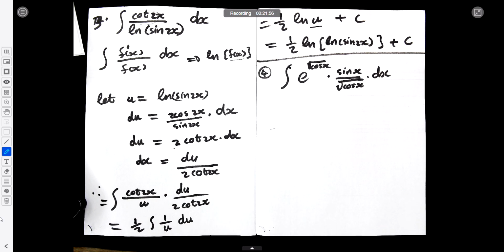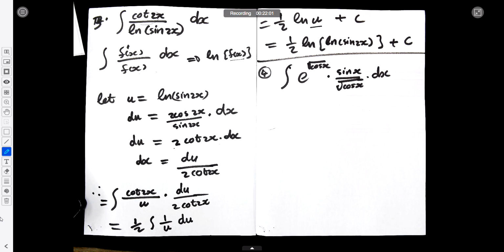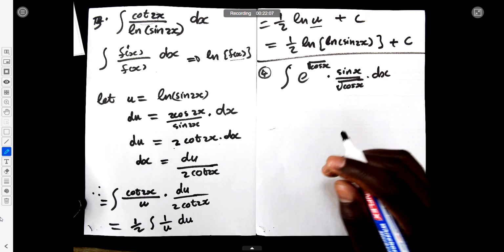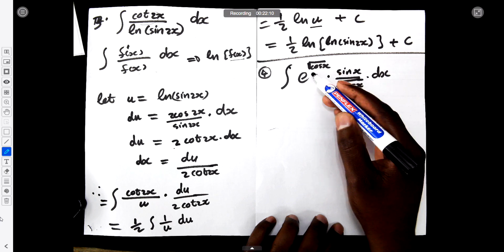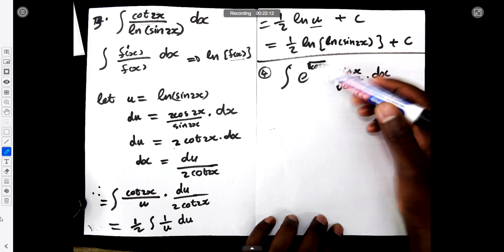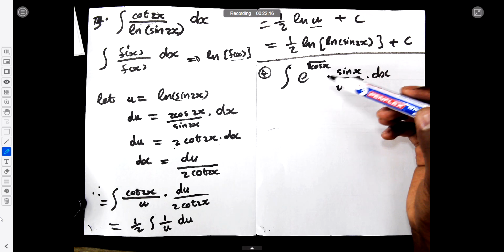So we're looking by inspection. We know that exponential functions, when you differentiate, will always appear as they are. So if we have differentiated this by inspection, we know that the derivative of root cos x gave us a negative something, a change of functions.